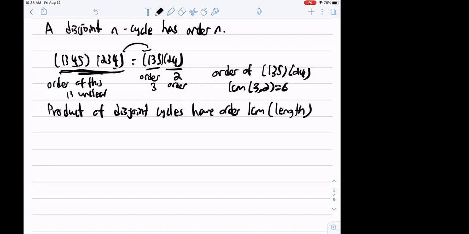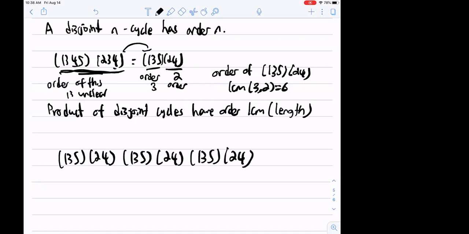The idea is simple. If this has order 3 and they commute, I need to get the identity. Because these two are disjoint, this is the same as if I just swap.